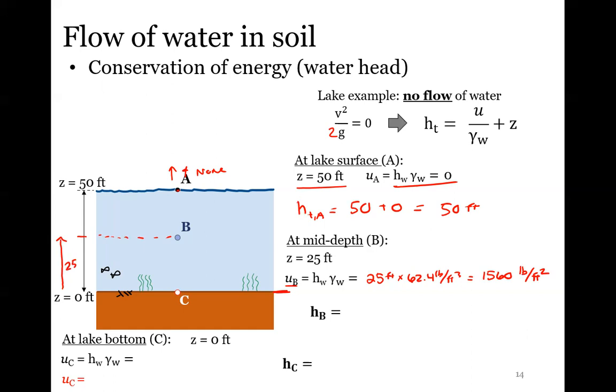So that means our total head is 1560 PSF, and then we divide it by the unit weight of water again, plus the velocity head of 0, since we still have no flow, and then plus 25 feet. And you'll see that our total head again is 50 feet.